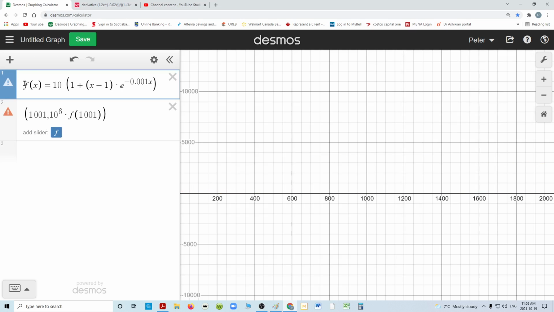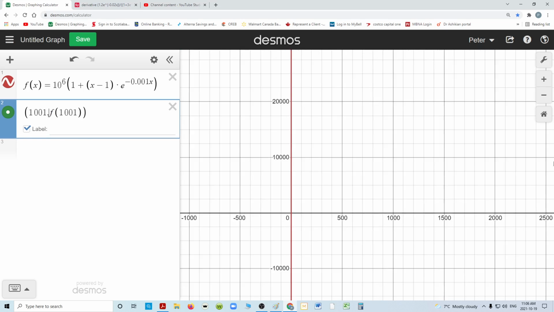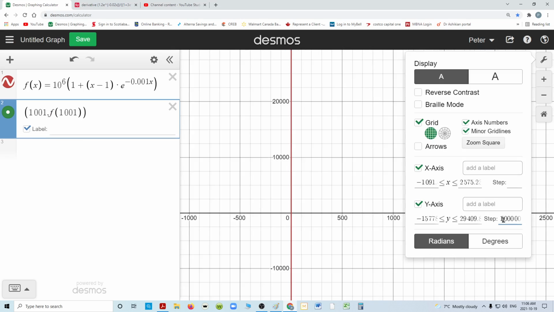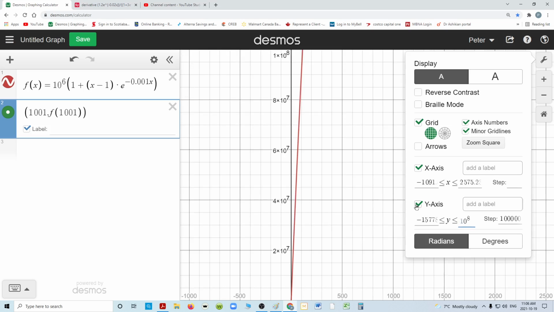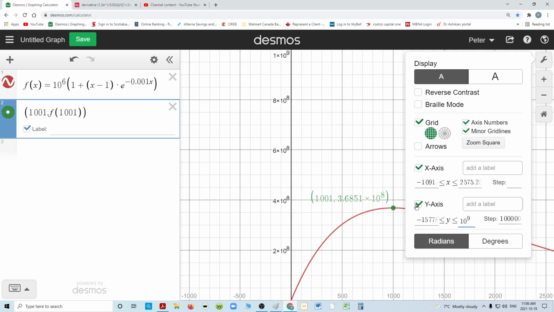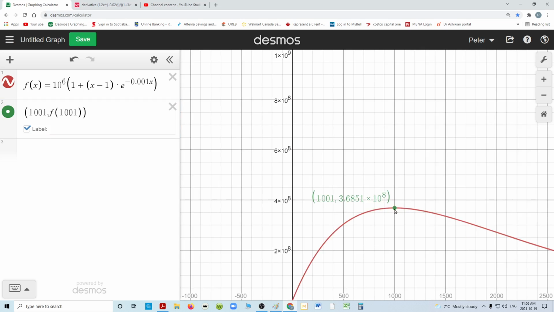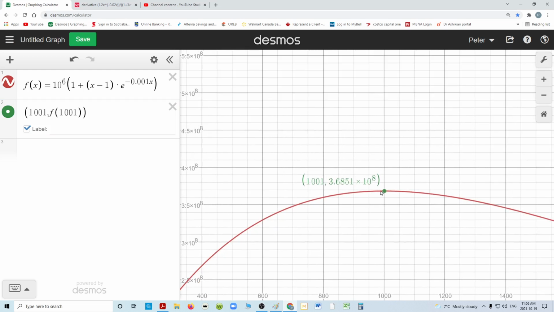Put the 10 to the power 6 back in and see if we can see it. There it is. So indeed, that is the max, so we did get the right x.